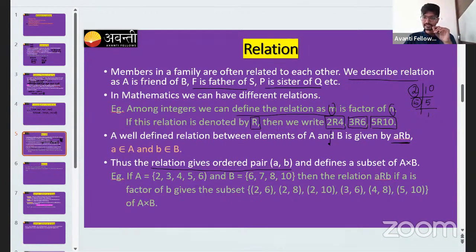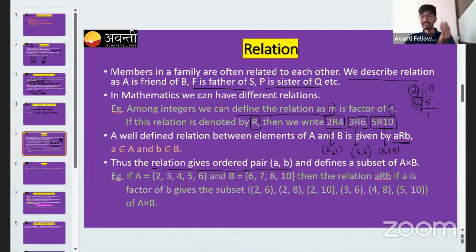Like here, I can write the ordered pair (2, 4). What will I write here? (3, 6). And here (5, 10). So a relation is basically a set of these ordered pairs.